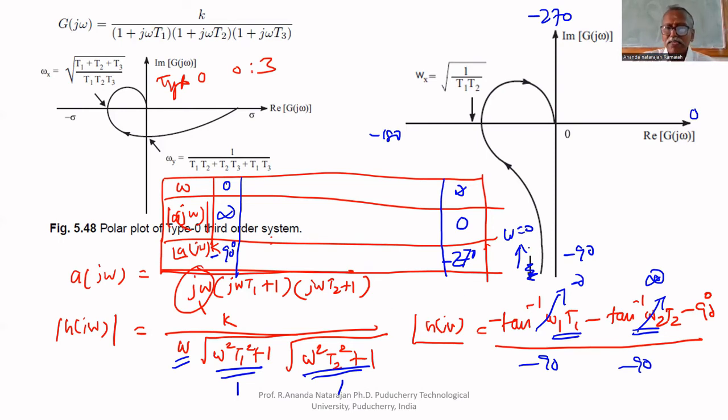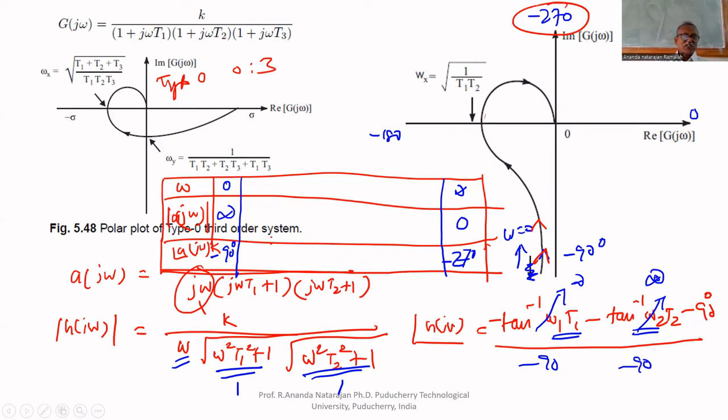That's why it is coming from minus 90. The final angle is minus 270, therefore it ends at minus 270. That's all. So, by looking at the polar plot, you can tell that it is a third order system, type 1.